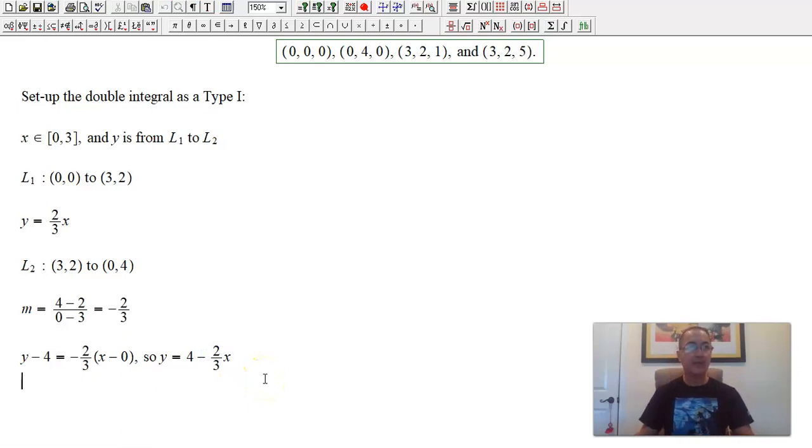Now we need to find the equations of the 2 planes.